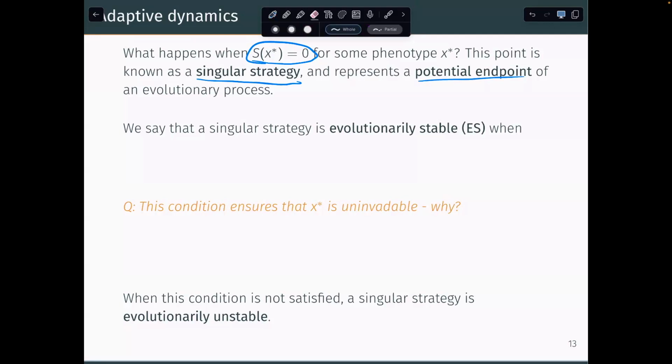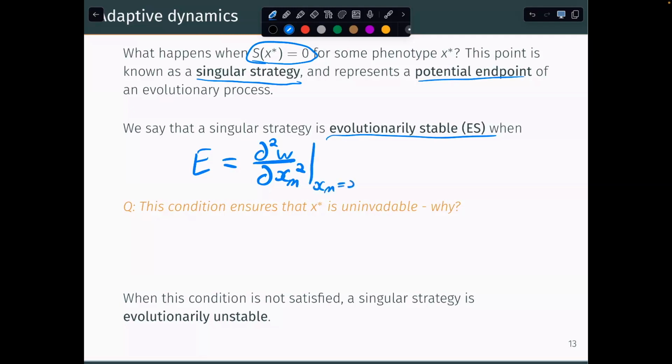We say that a singular strategy is evolutionarily stable, or ES for short, when this value E, which is defined to be the second partial derivative of our invasion fitness with respect to our mutant trait, evaluated when our mutant and our resident traits are both equal to this singular strategy, is negative.